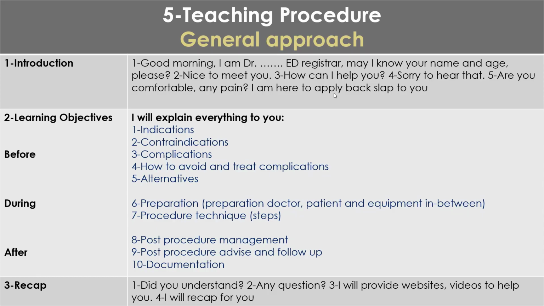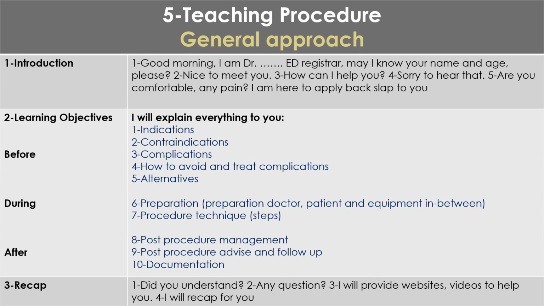I'm here to apply back slab to you. Easy. No need to mention the terms indications, contraindications or complications. You can talk about them without mentioning these terms. Clear? So, for example, indication, you can say, I will apply back slab after reduction of your wrist fracture.